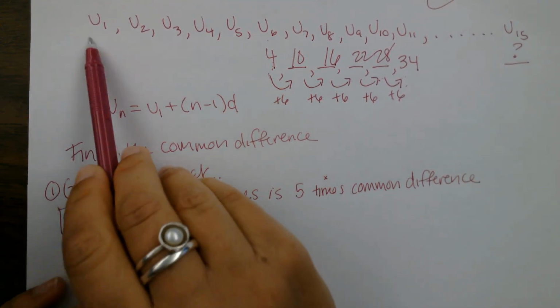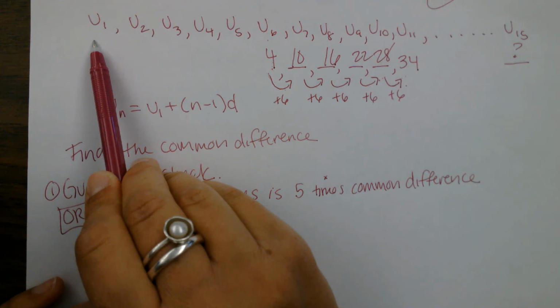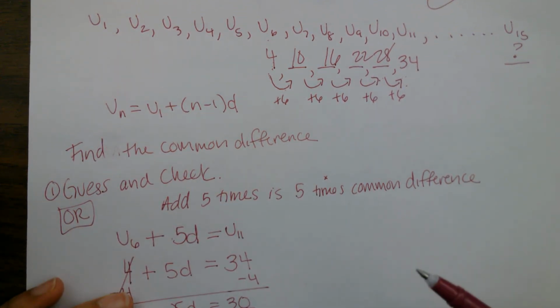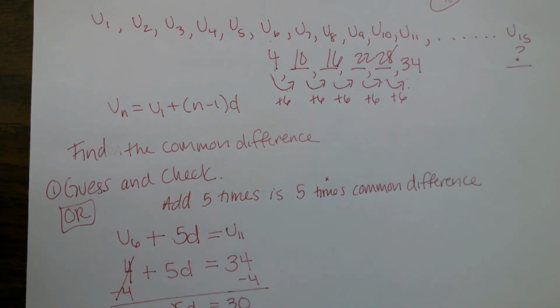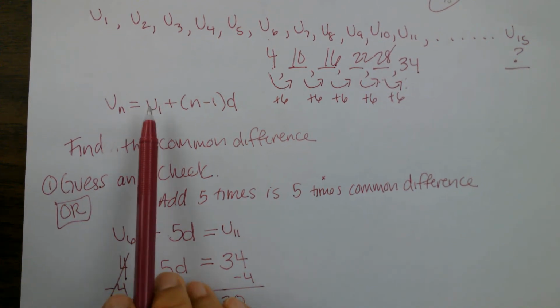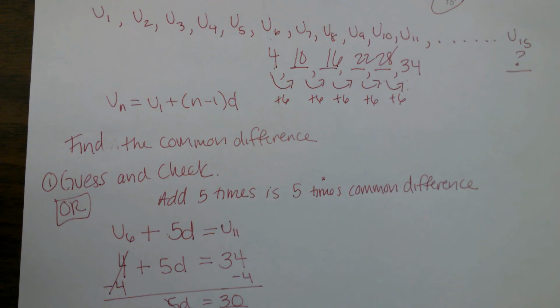We can go back to u sub 1 so that we can find what u sub 15 is. I'm wondering if we can actually go from u sub 4, or if u sub 6 could become u sub 1.